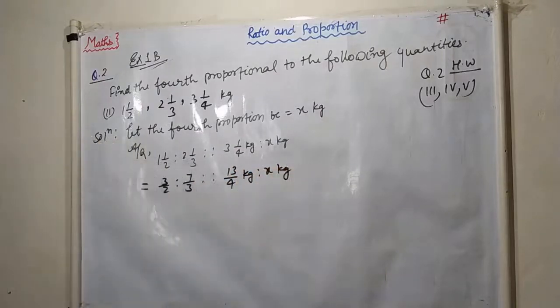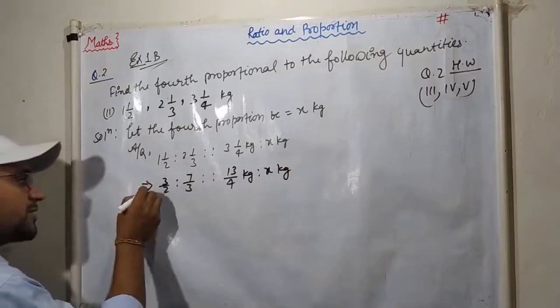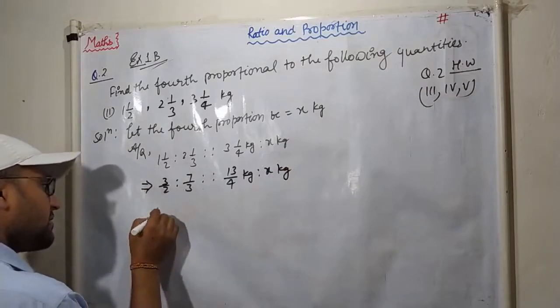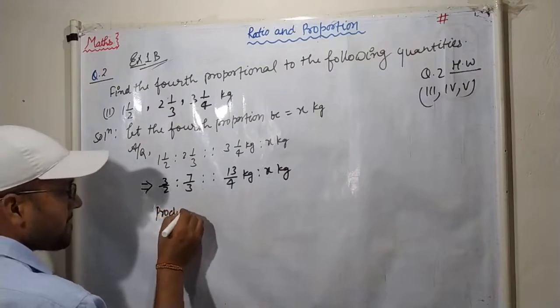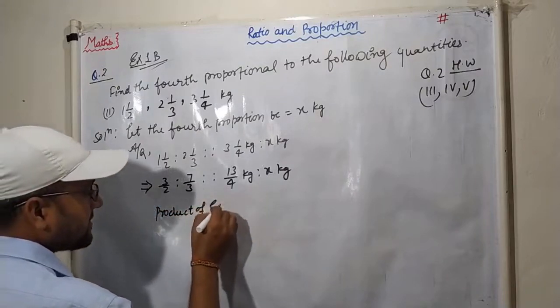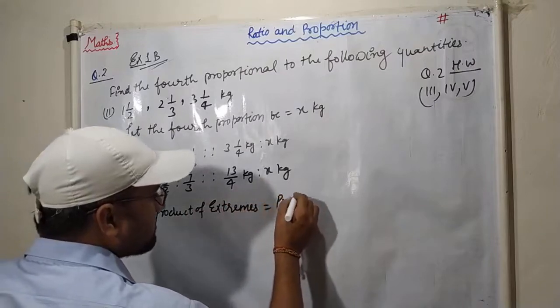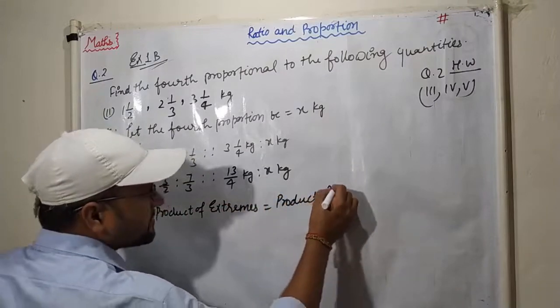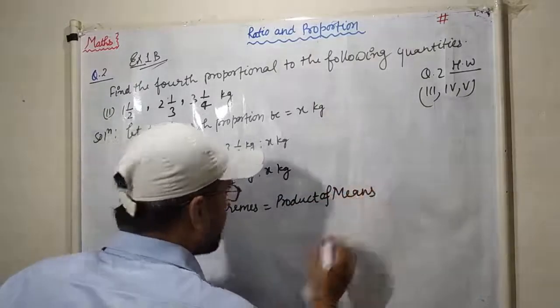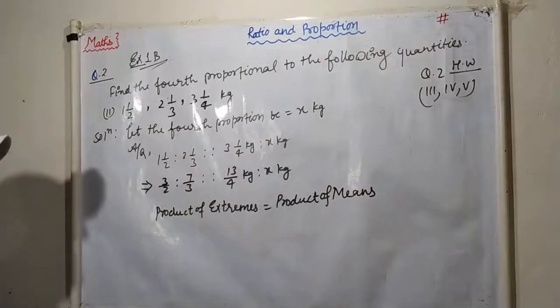Now according to the rule, product of extremes is equal to product of means.